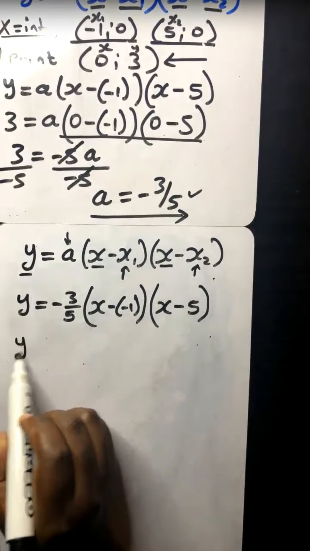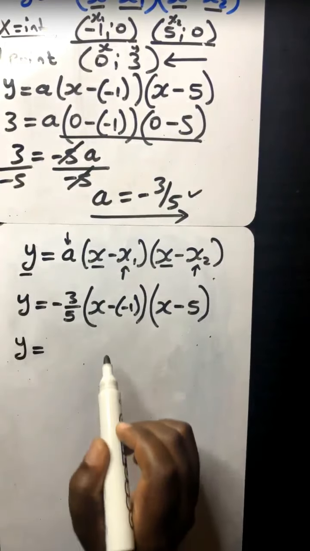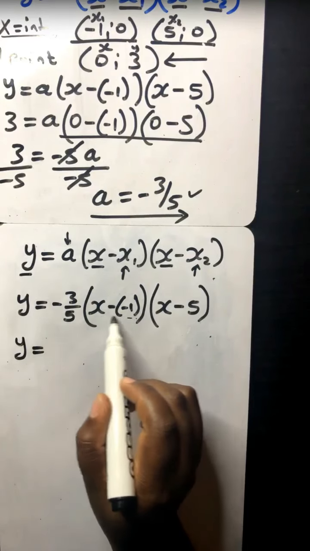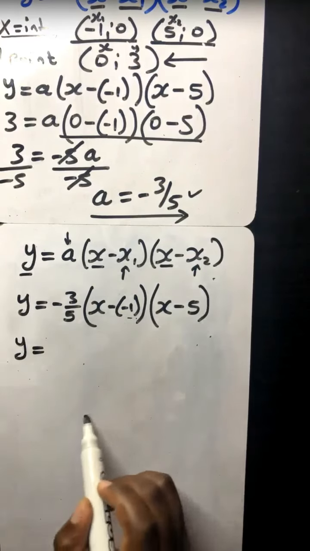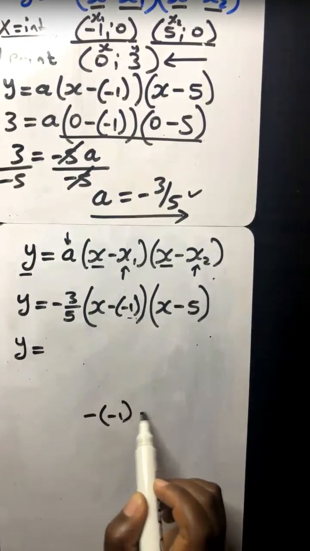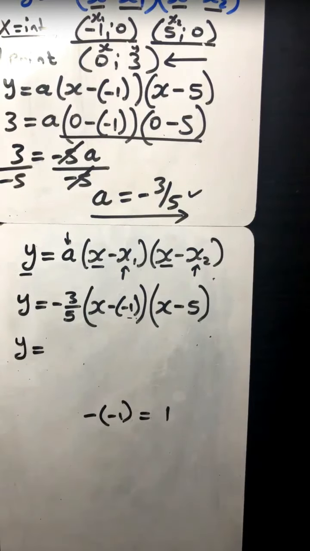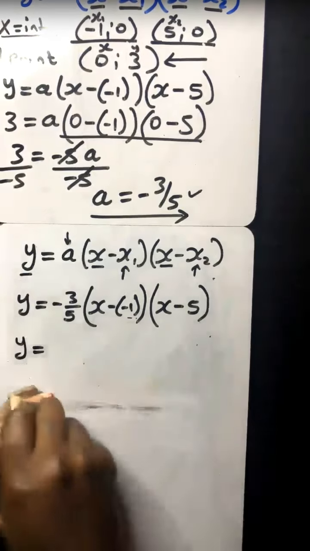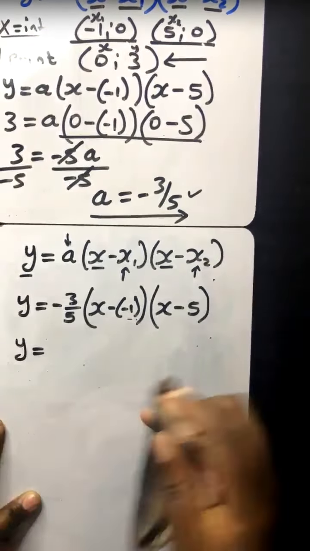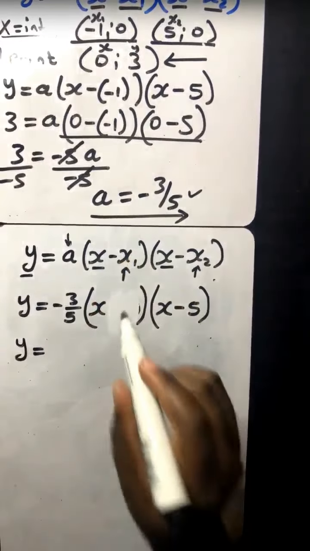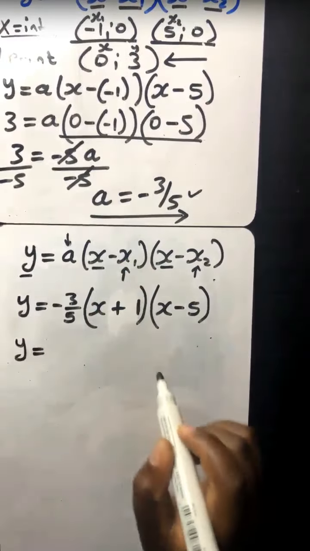Obviously, this is the same as +1, because it's negative into -1. This is the same as a +1. Do you guys agree with me on that one? Yes, sir. So let me write +1 there.